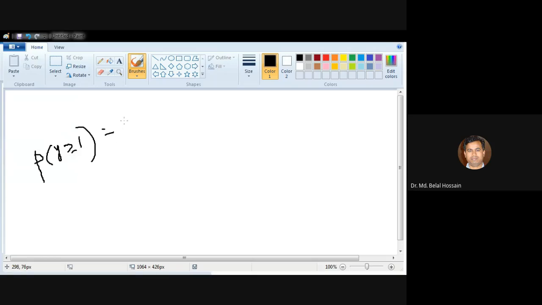So this line equals 1 minus probability of y equals 0. If you remove the zero event from one, then all the other values are there.